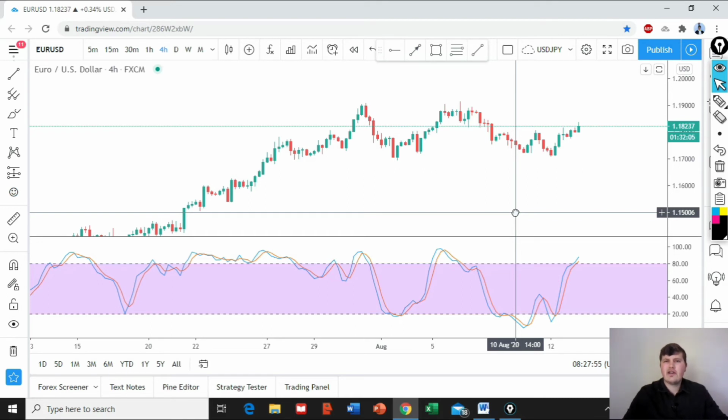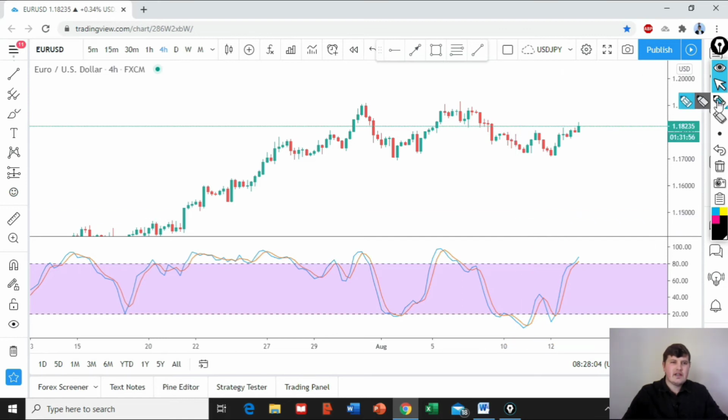And just like the RSI indicator, the stochastic indicator also identifies overbought and oversold conditions in the market. And the stochastic indicator makes use of the 80 level for the top line and the 20 level for the bottom dotted line. Now, when the stochastic lines like this are above the 80 reading on the stochastic, it means that the market is overbought.